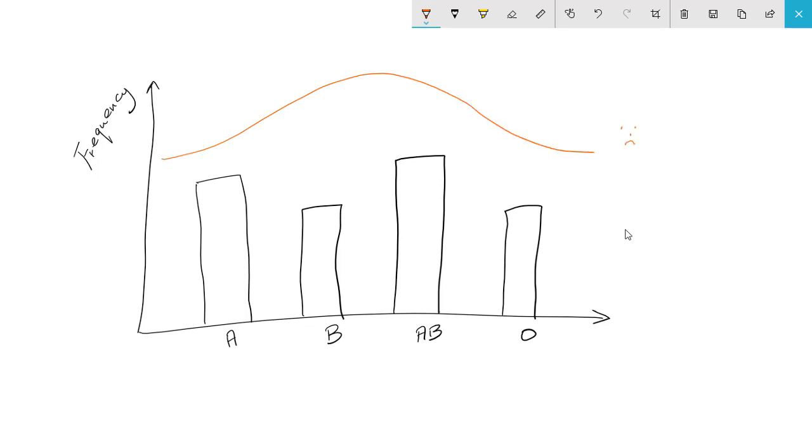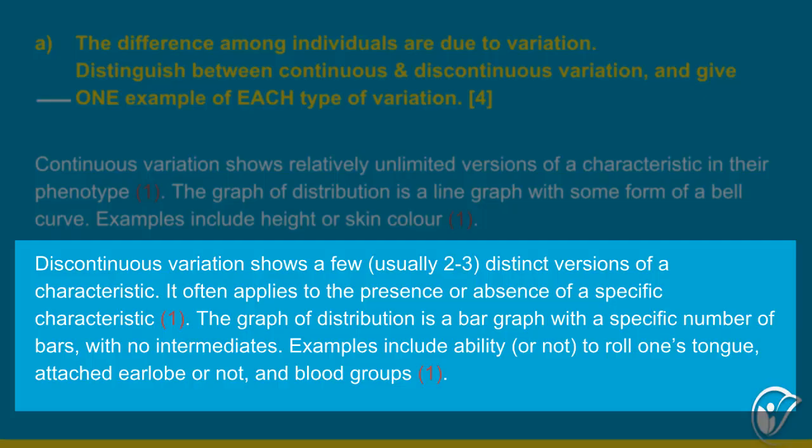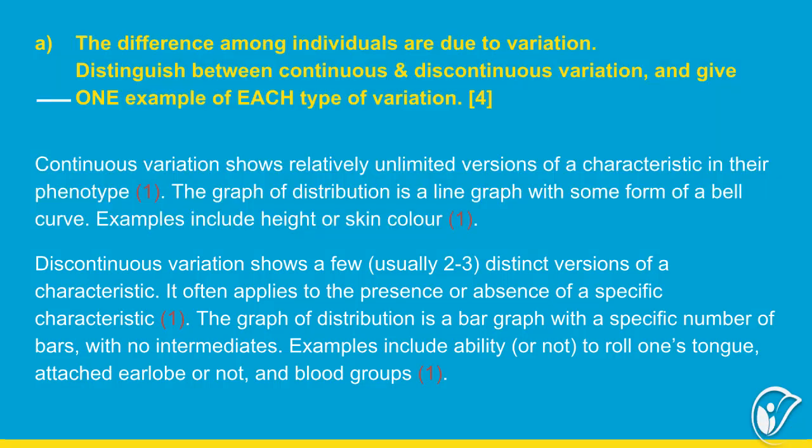There's no such range of data points here. Discontinuous variation presents very limited options for the characteristic. Other examples are ability or not to roll one's tongue and attached versus unattached earlobe. And that's it for part A.